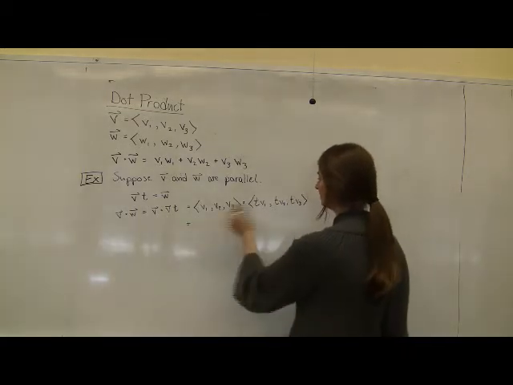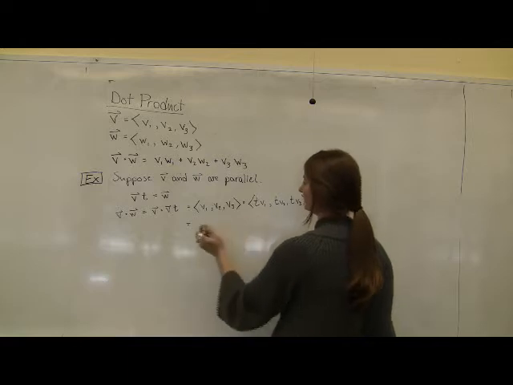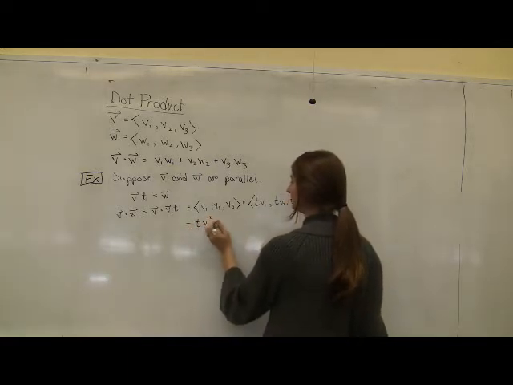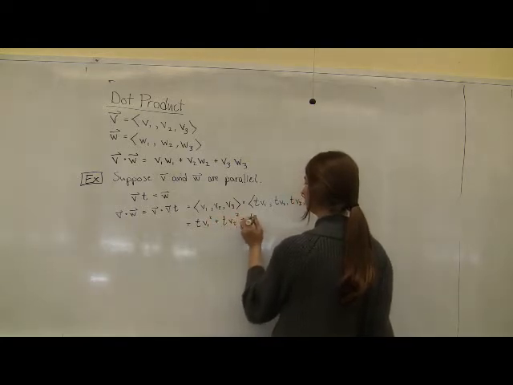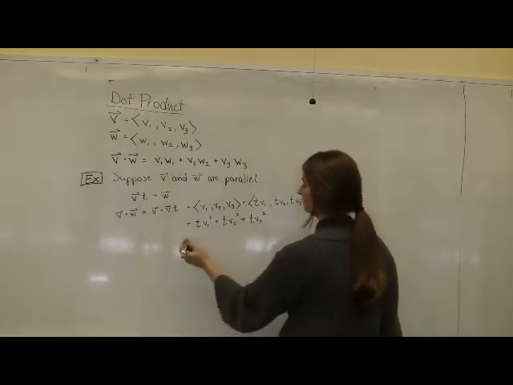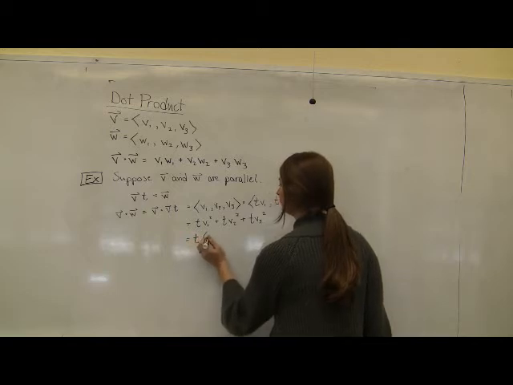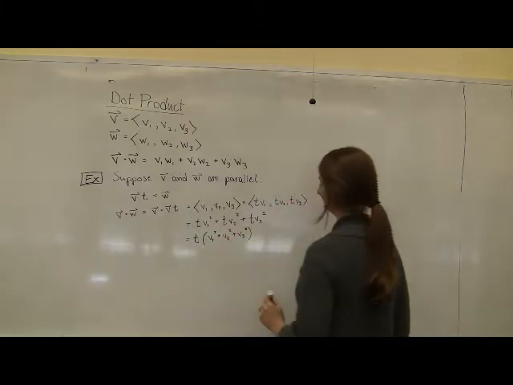Which in this case is going to be equal to v1 times t times v1, which is tv1 squared, plus tv2 squared plus tv3 squared. I can factor out the t, and I get t times (v1 squared plus v2 squared plus v3 squared).